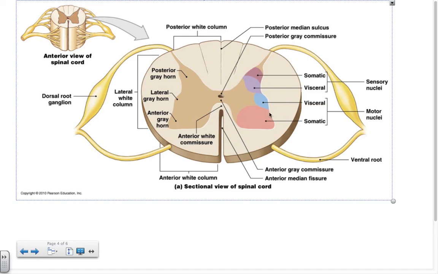And these different areas, obviously, soma meaning body. So you can see right here how you have your sensory, somatic and visceral sensory area nuclei, and then you have your motor coordination.